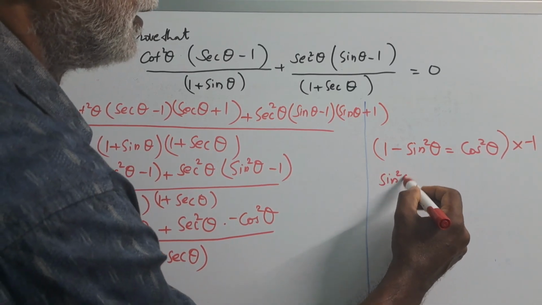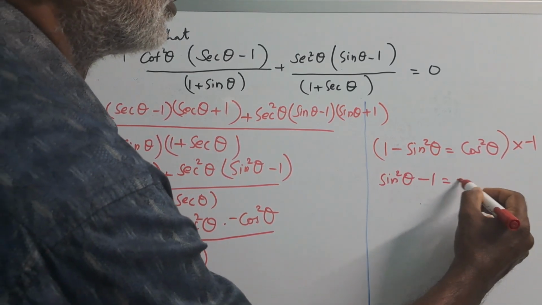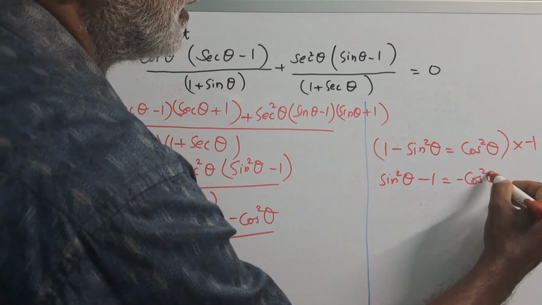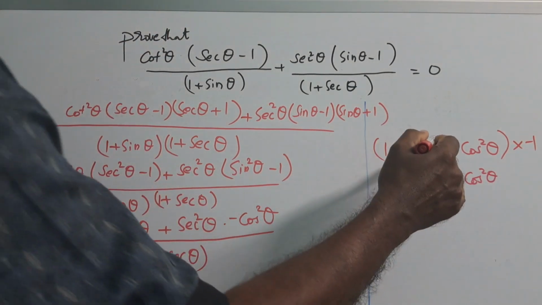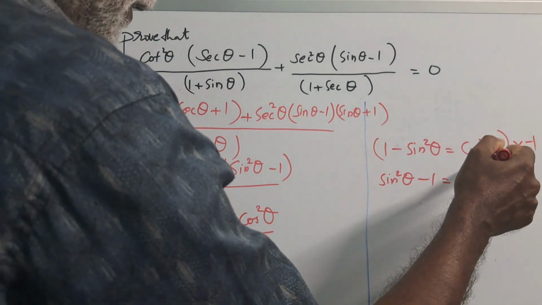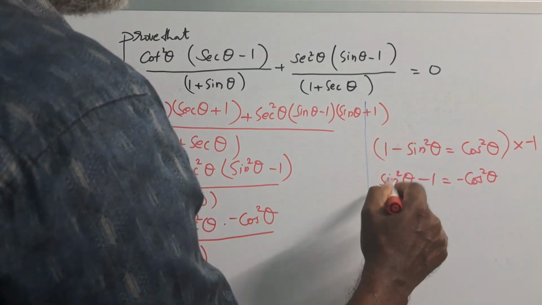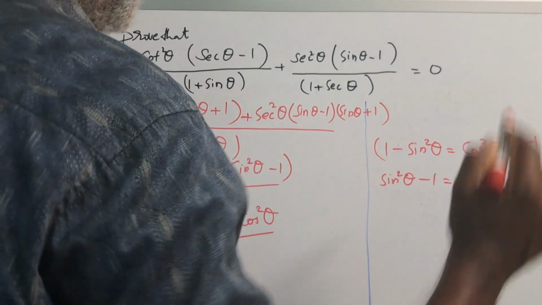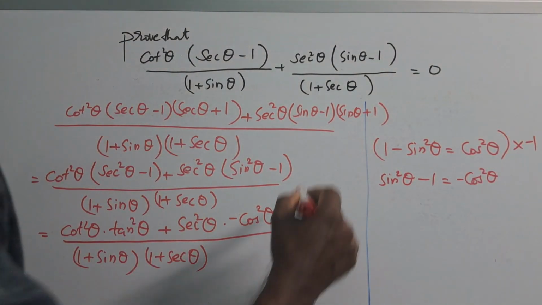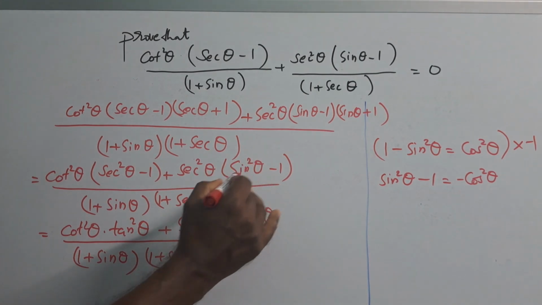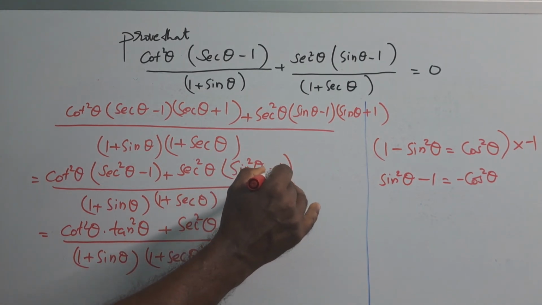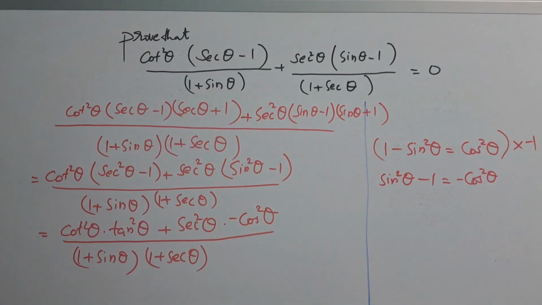So sin square theta minus 1 is equal to minus cos square theta. That's how we substituted sin square theta minus 1 as minus cos square theta.